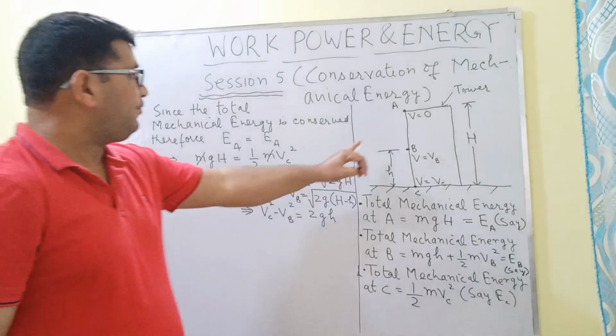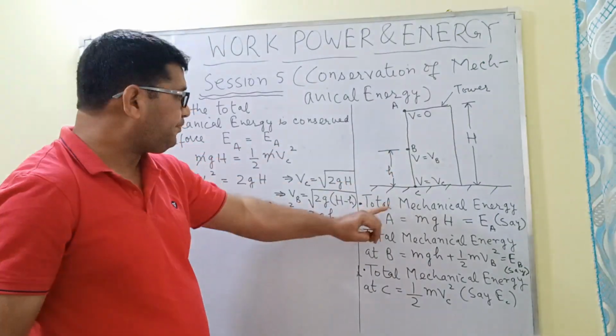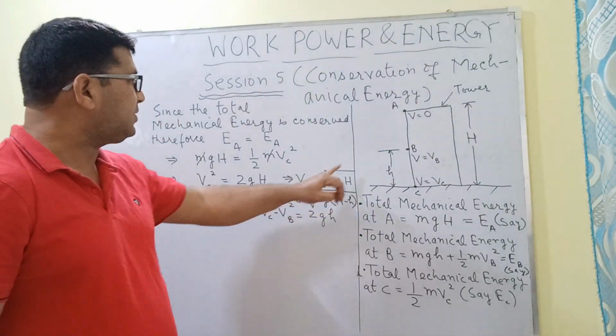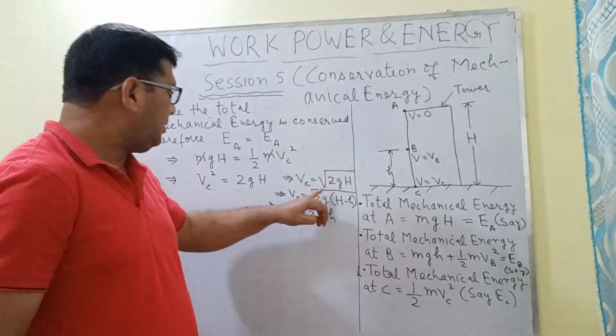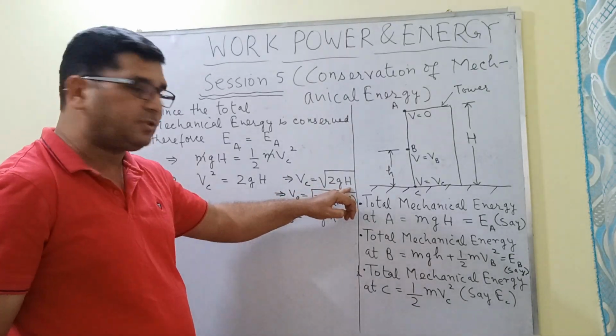That is, if a ball is dropped from the top of a tower, then when it reaches the bottommost point, its velocity is equal to under root of 2gH, where H is the height of the tower.